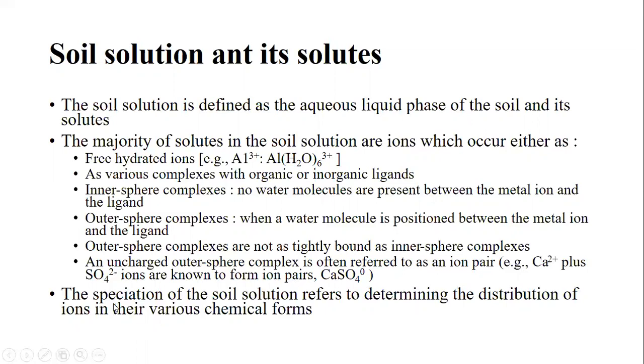So speciation is the process to find the different species. Species are the individual forms. Speciation is the process to determine all the different species of that ion in the salt solution, that is, determining the distribution of ions in their various chemical forms.